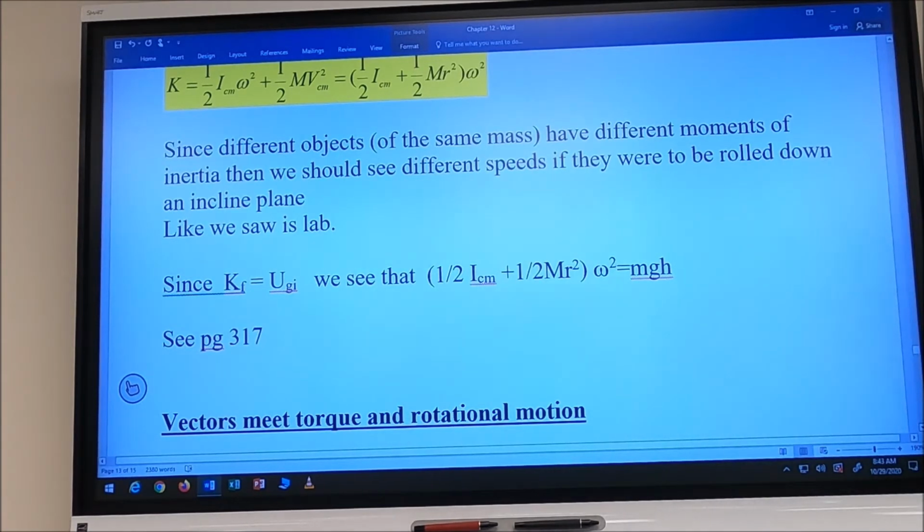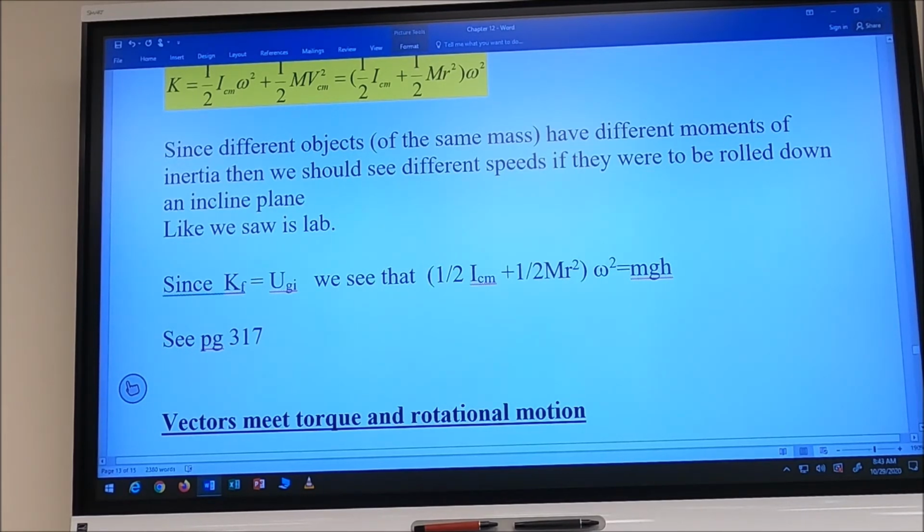Now, if you look in your book on page 317, figure 12.43 talks about if you had a particle, a solid sphere, a solid cylinder, and a circular hoop, all of the same mass, then who would reach the bottom of an inclined plane first?